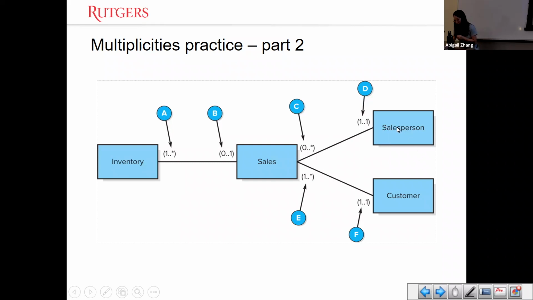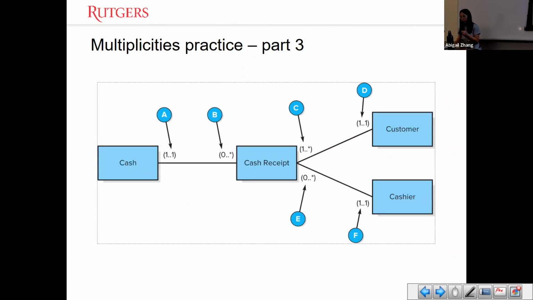That's correct. E, a customer is associated with 1 or more sales, or you can say a customer can conduct 1 or more purchases. F, each sale is associated with 1 customer, or you can say each purchase is associated with 1 customer. That's correct.